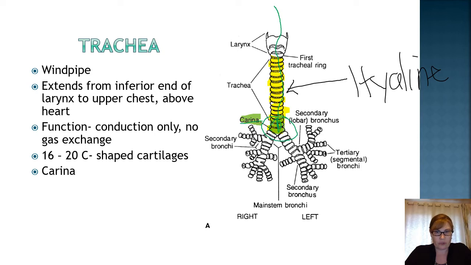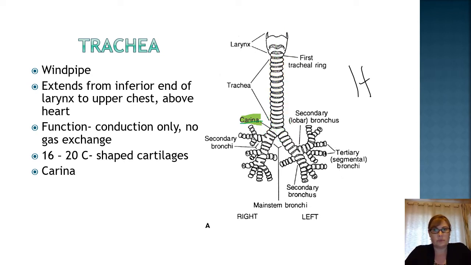They don't want it going further than the carina. If it goes further, it tends to go right down here, and that's not good because then this lung over here is not getting anything. We'll discuss that a little more in a while. So there's your trachea and the carina, and our next step is going to be the bronchi.